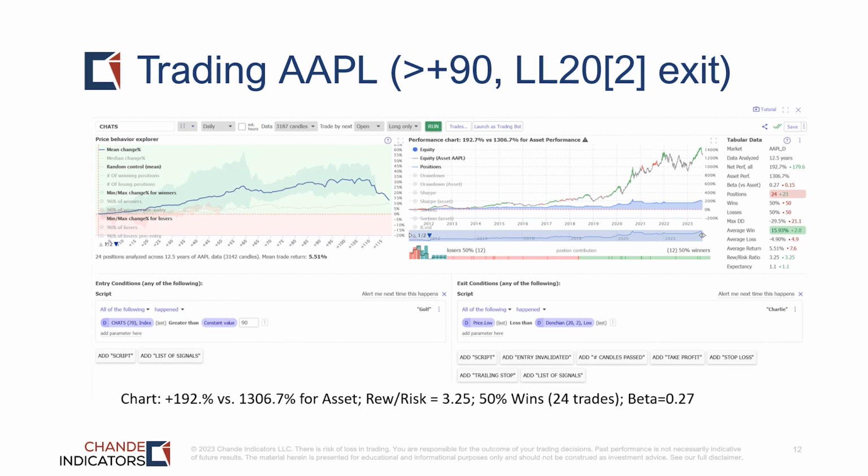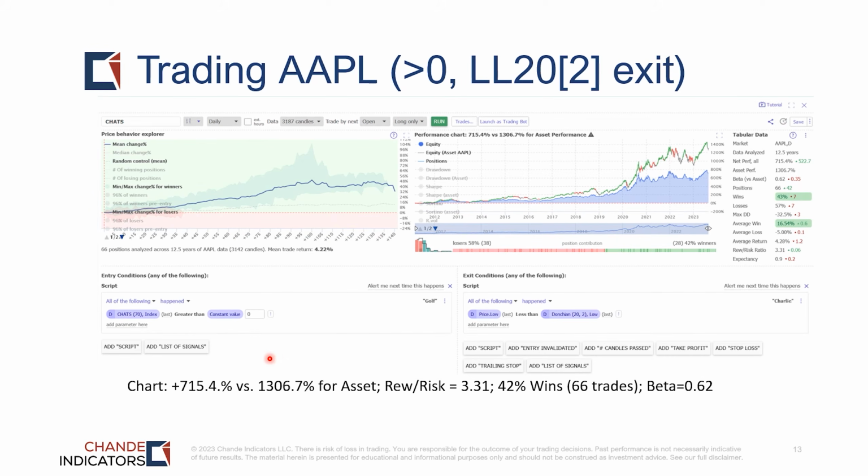So this is the summary for results when the value of CHATS was greater than 90 at entry. And on the right hand side, you can see the chart of buy and hold versus the system itself. And you see that the system earned about 192% versus about 1300% for the buy and hold. So it is well below.